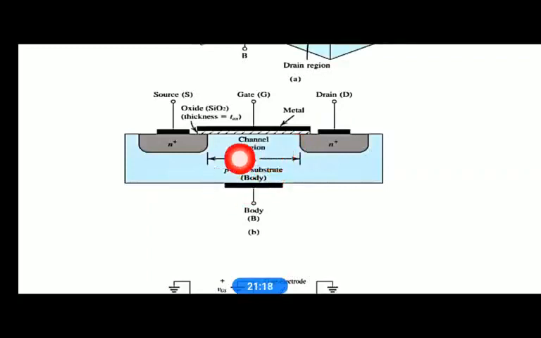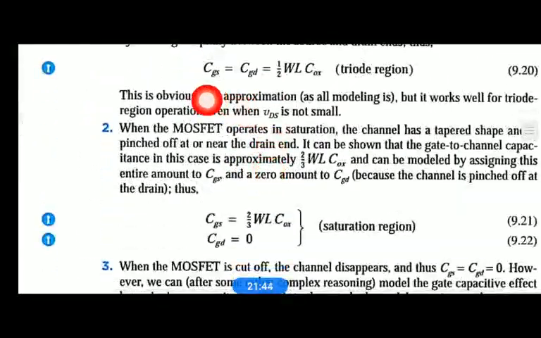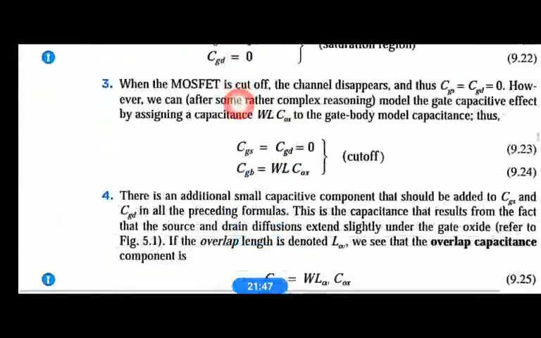Then the P-type body is available here, and that P type itself acts as one plate, and the metal is the other plate, and the oxide is the dielectric, giving you the gate to body capacitance. At cutoff there is no CGS because there is no channel, and no CGD because there is no channel there. CGS and CGD will not be there, but CGB, the gate to body capacitance, will be there.